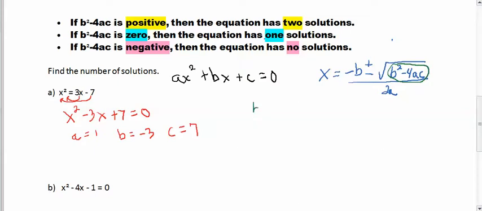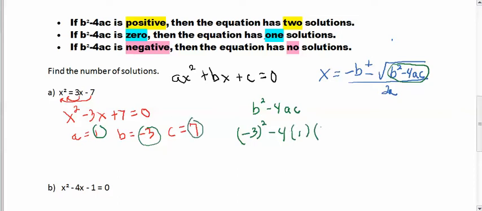So I've got b squared minus 4ac. I take my b, which is -3, and I square that. Minus 4, and my a is 1, and my c is 7. And now we're going to do the math.